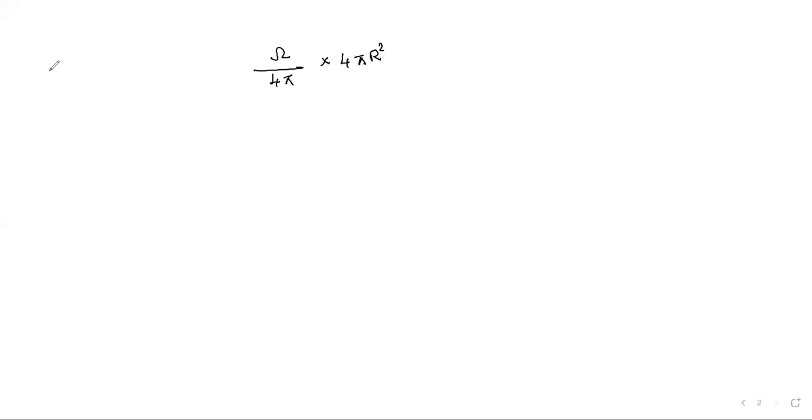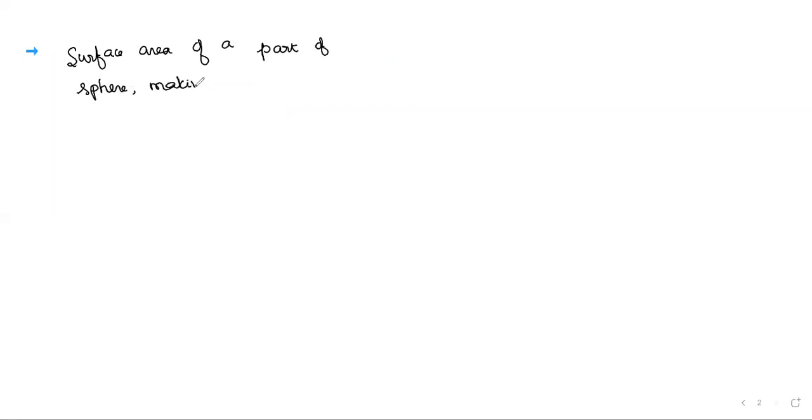Coming to the last point today: surface area of a part of sphere making a solid angle omega at the center is equal to omega by 4 pi into 4 pi r square.